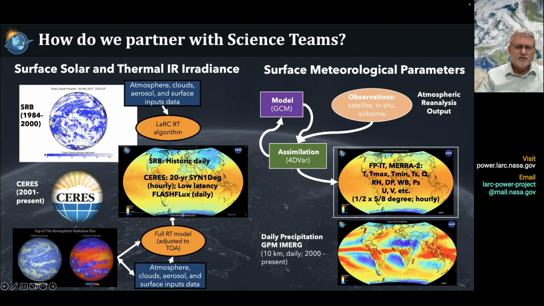It's part of the Global Precipitation Mission, and this is a higher resolution data product, daily from 2000 to present. So we've added new measurements and provide these products to help users make decisions with RETScreen and other tools.